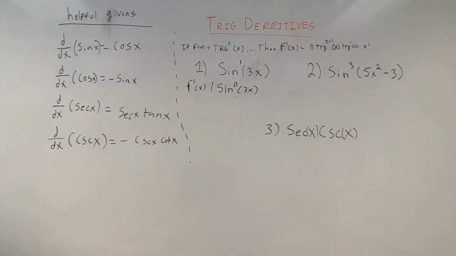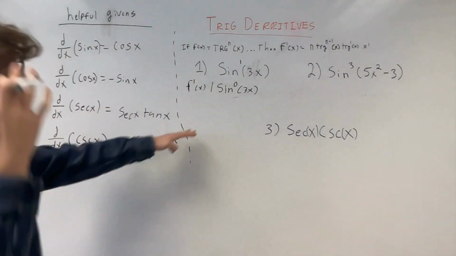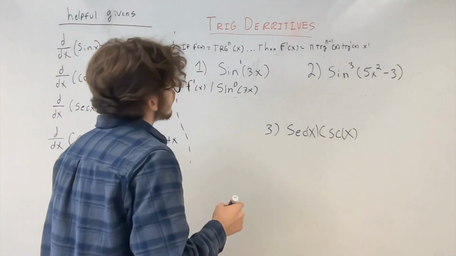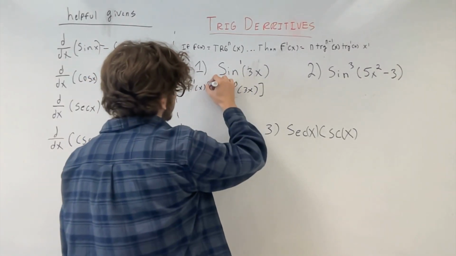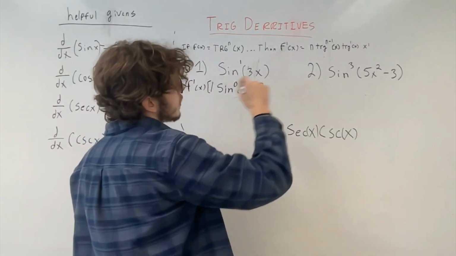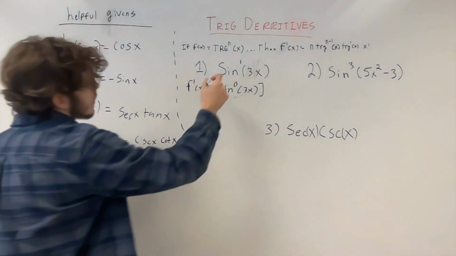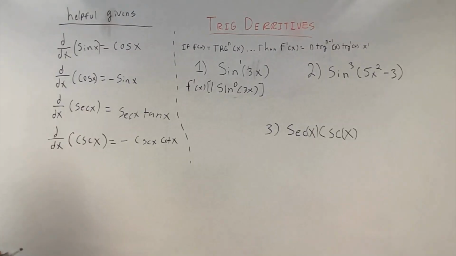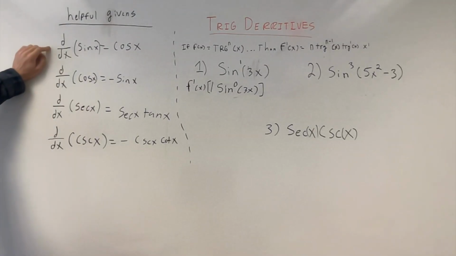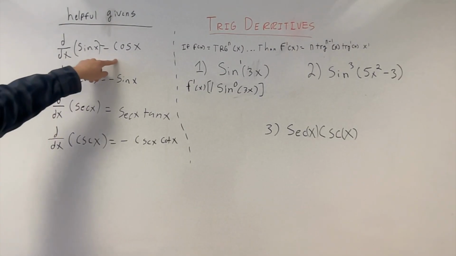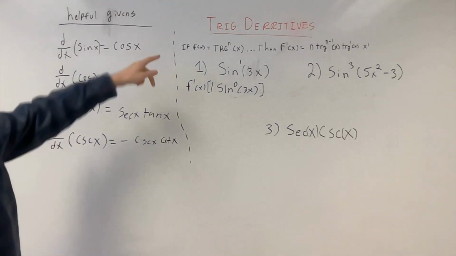Okay, so that looks a little funky. We will actually simplify that later. We're going to put this in a bracket because we're going to multiply by the derivative of the trig. Okay, so we're going to find the derivative of just sine of x. If we look here, the derivative of sine of x, of any x, is cosine of x.